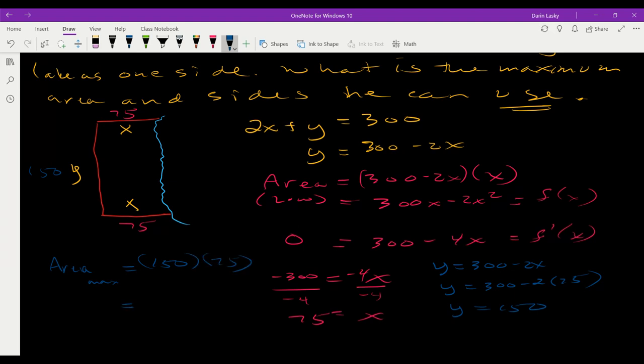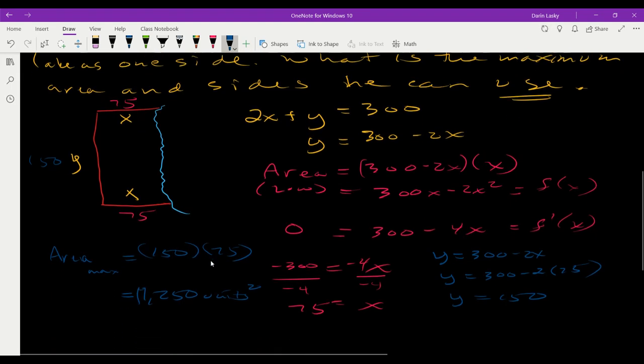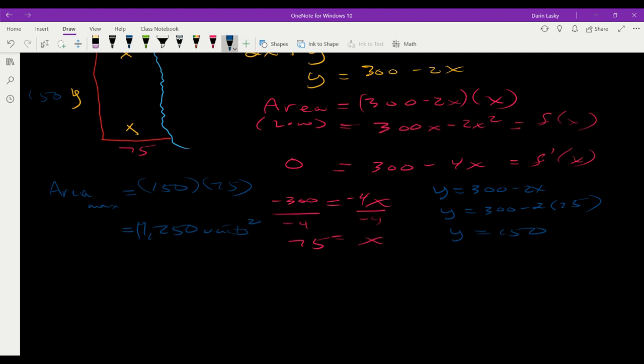And that becomes a pretty large number, so let me slide over here and use the calculator. 150 times 75 equals 11,250 units squared. Did I tell you what kind of units? Nope, it's feet. Sorry, I didn't see the units. So it would be feet squared.